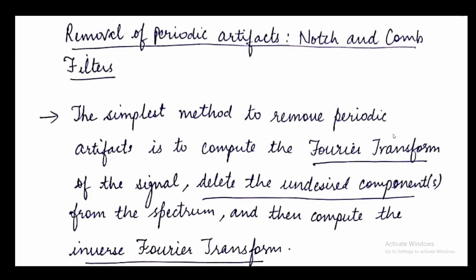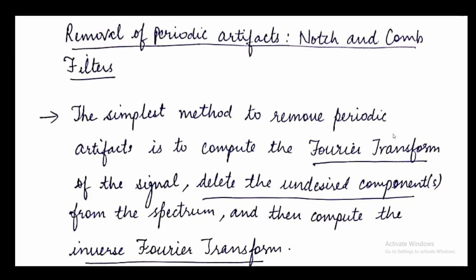The simplest method if we want to remove a periodic artifact is to compute the Fourier transform of the signal, delete the undesired components from the spectrum, and then compute the inverse Fourier transform.